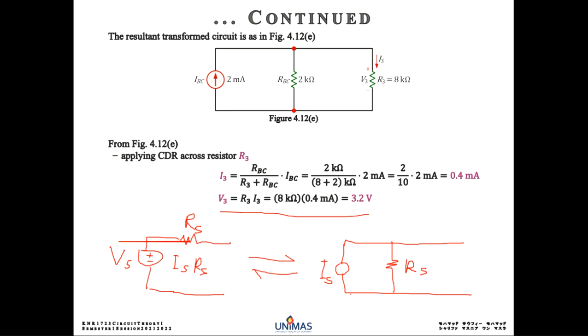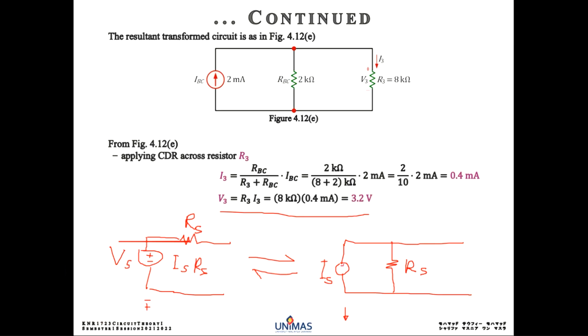And then the Is comes from, okay, tengok polarity, the positive, negative, so the current source must be also going up. Kalau polarity dia positive, negative, your current source must be going down. The polarity of the two must be the same, right? So kalau dia ke atas, ke atas, kalau ke bawah, ke bawah.